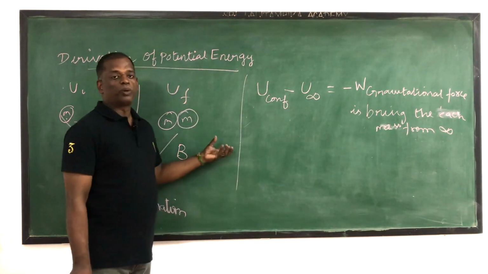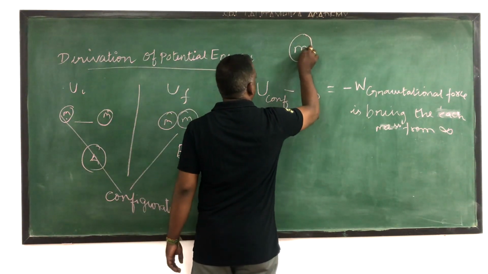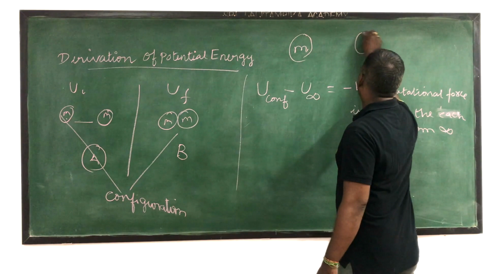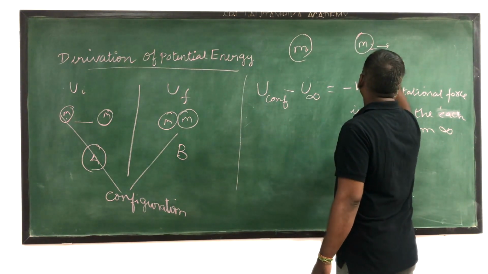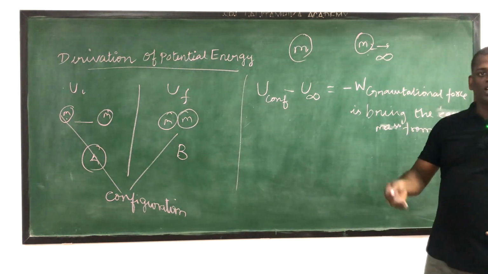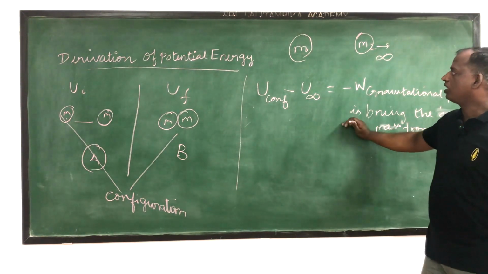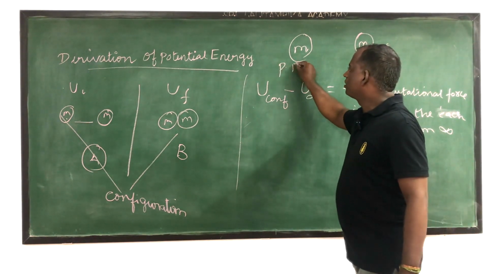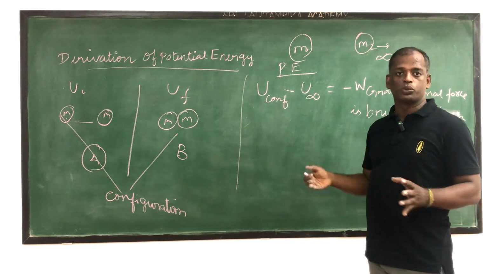அதாவது potential energy என்ன சொல்றாங்கன்னா இப்போ ஒரு ரெண்டு மாஸ் இருக்குது, இது m1 வச்சுக்கலாம், இது m2 ன்னு வச்சுக்கலாம். So it is in the infinity. ஏதோ இன்ஃபினிட்டினா ரொம்ப தூரமா இருக்குன்னு வச்சுக்கலாம். So potential energy is equal to U configuration, that is configuration of the two systems.